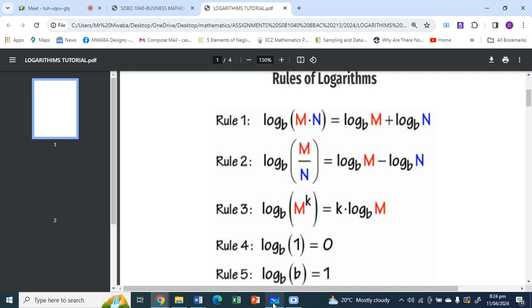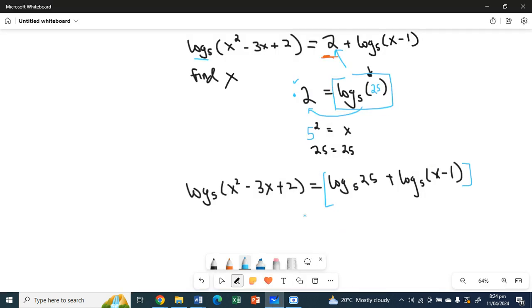So in this case, in our question, it's going to become log 5, and you're going to put in brackets 25 multiplied by (x minus 1).